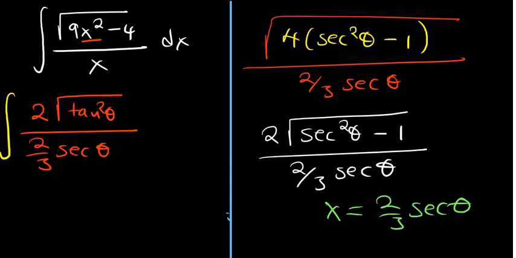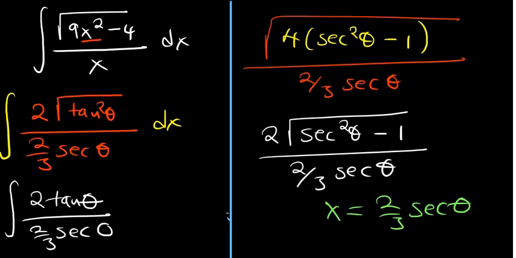In respect to dx. Now what is the root of tan square of theta? So that's going to be the modulus of tan theta. Now in this case, since we're dealing with an indefinite integral, we can just take it to be a positive result. So we have 2, and then of course the modulus of tan theta, we just take it as a positive value, so that we just have 2 tan theta, and then of course we are dividing by 2 over 3 secant of theta, right?